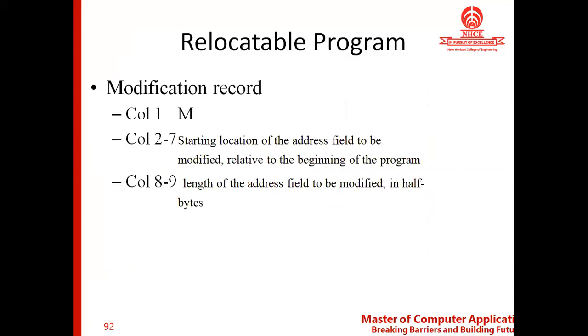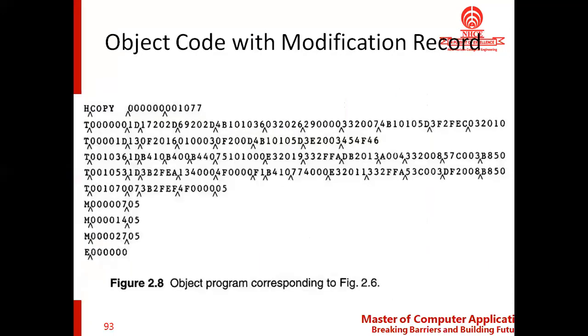Now, if you look at the modification record in the object program, M denotes the modification record, and the address is 000007. So 0007 is the address where we have to start the modification. And what is the length? 05 is the length.